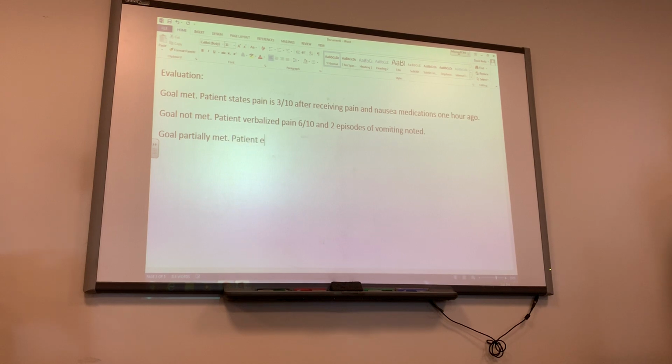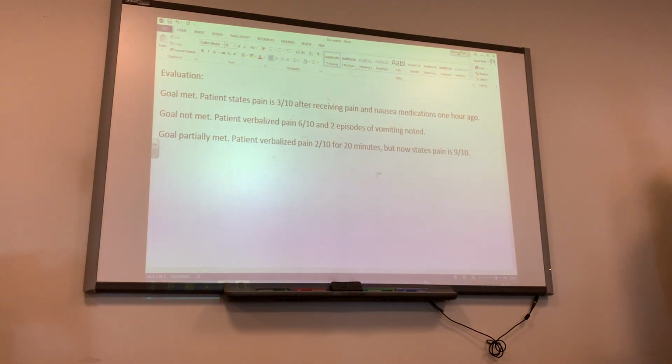Patient verbalized pain 2 out of 10 for 20 minutes, but now states pain is 9 out of 10. So see how it's partially met? Yeah. They were controlled, but not for very long.